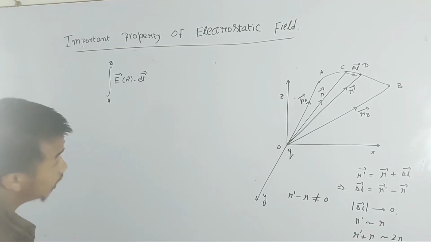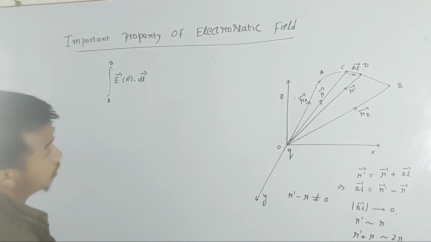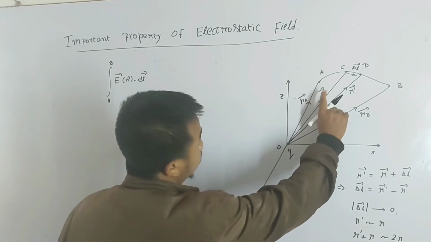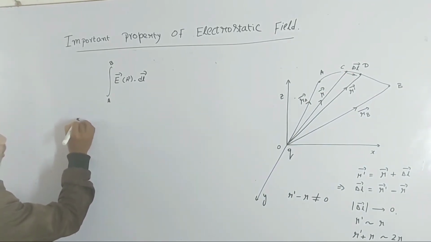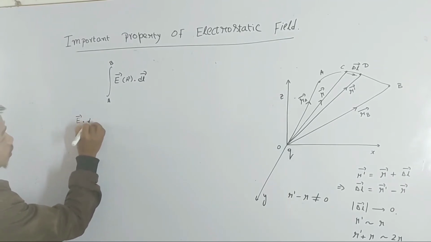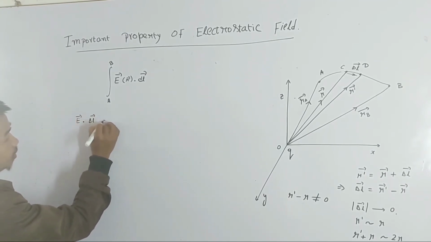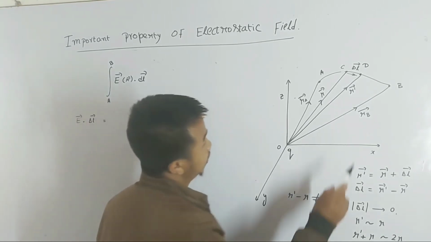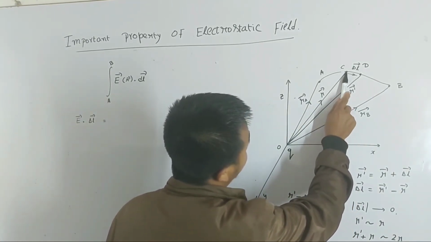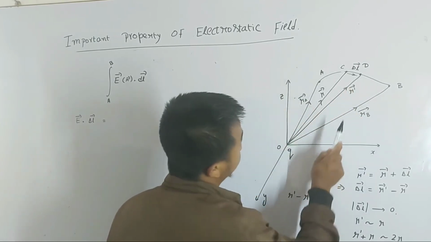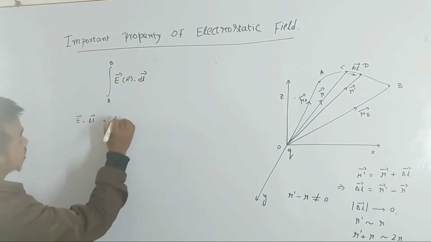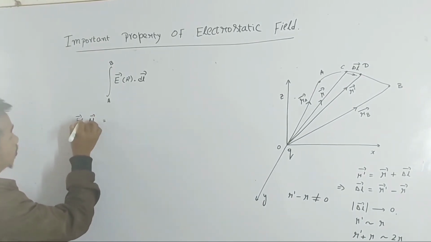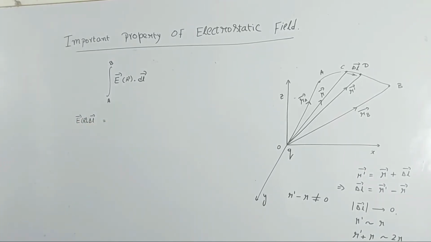So now, let us find the dot product E dot delta L. That means we take the dot product of the electric field with this delta L vector, which is from C to D. So what is the electric field?